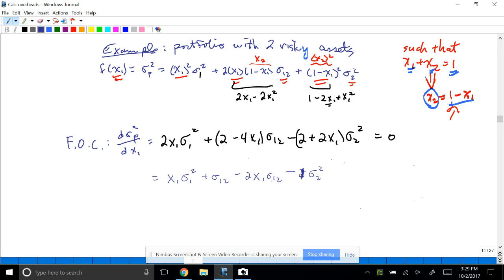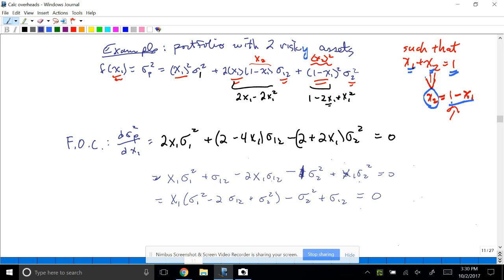That should be a 1 plus x1 times the variance of asset 2. So this is still set equal to 0. So let's just factor out the x's. So we have x times the variance of asset 1 minus 2 times the covariance plus the variance of asset 2, and then we have negative the variance of asset 2 plus the covariance.